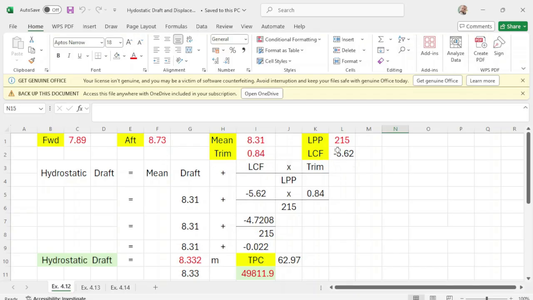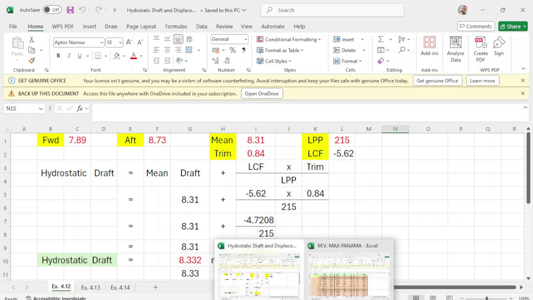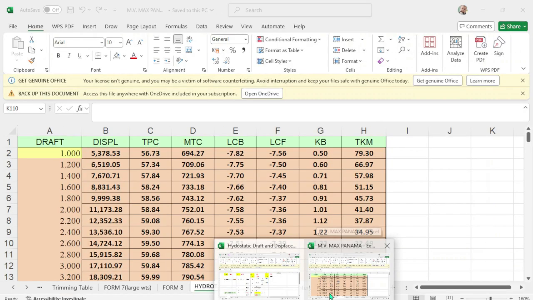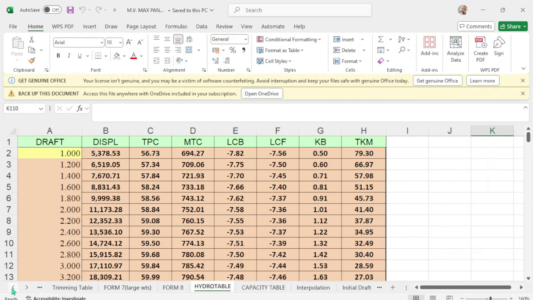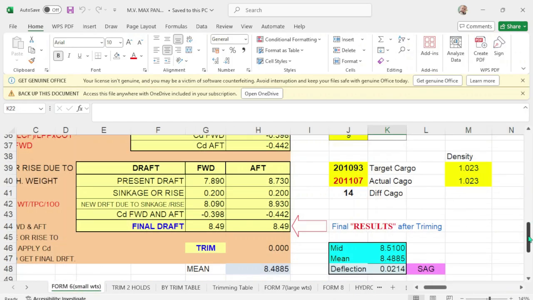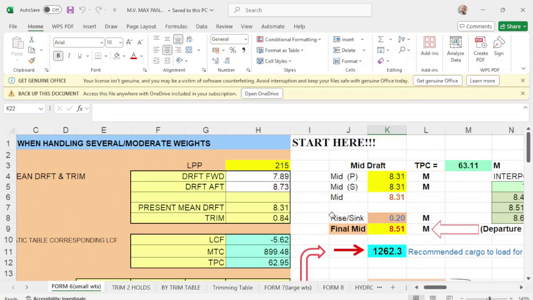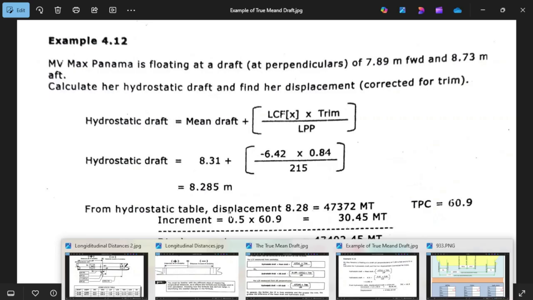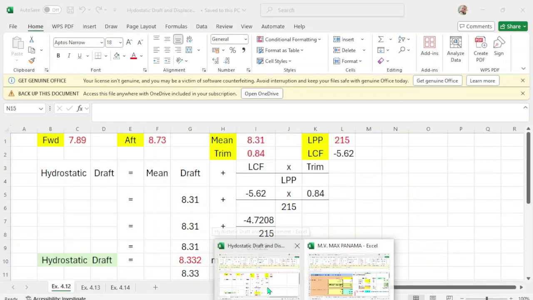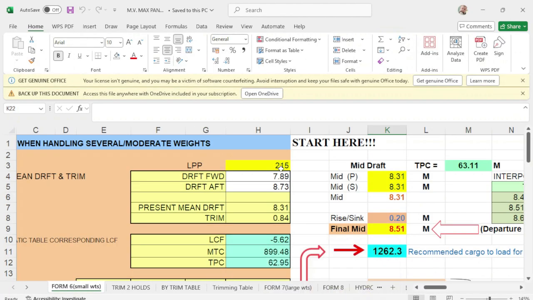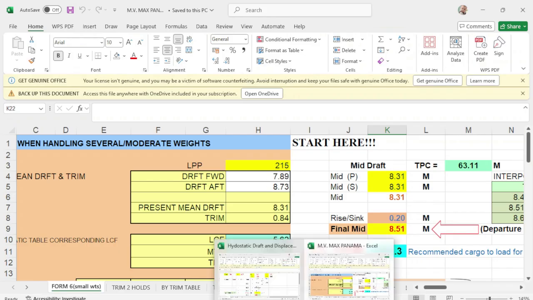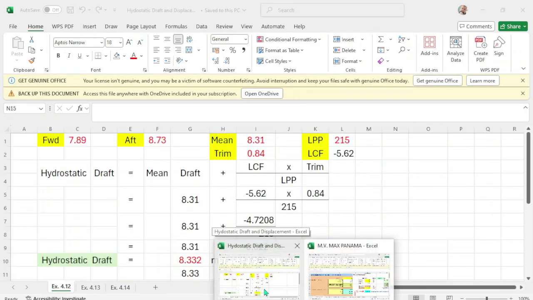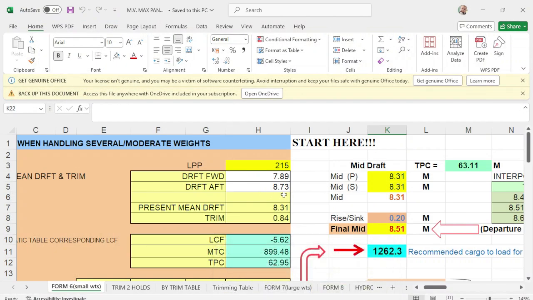Your LCF, where did I get this LCF? You go to your program. I have a program here. I go to Form 6. Put down the drop forward, which is 7.89, and the aft drop, which is 8.73.